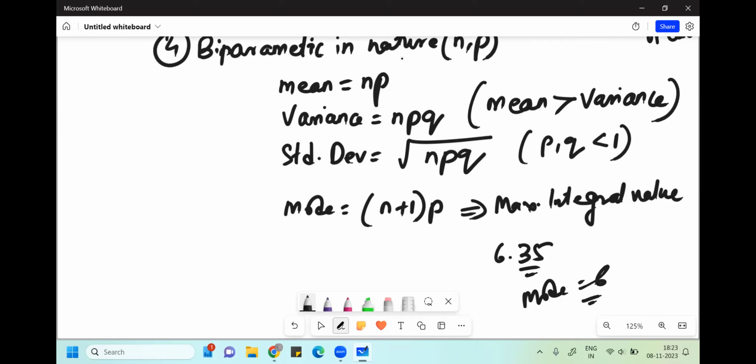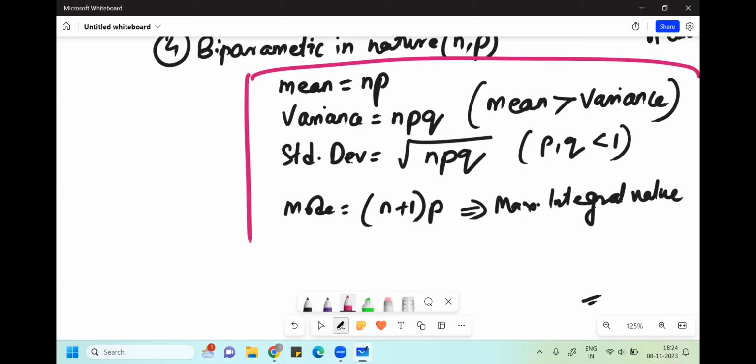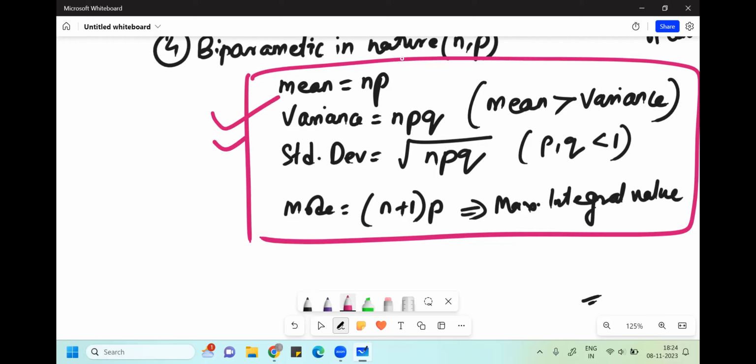We will not consider the decimal part, we'll only consider the integer part. So these formulas are very important. Mean is equal to np, variance is equal to npq, the standard deviation is root of npq, mode is (n plus 1) into p. This much clear, everyone? Formula wise, these are very important for you. You have to remember these formulas.